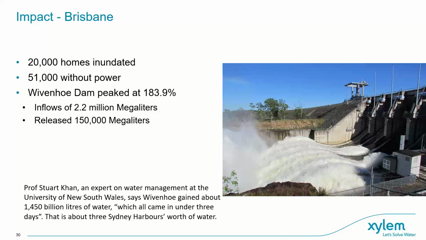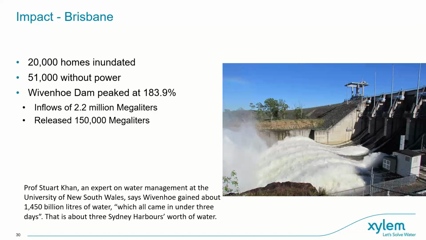And luckily, it started at about 50 to 60% because that left room to hold back water. There were inflows of 2.2 million megaliters and only 150,000 megaliters released. And it's been said that the flooding in Brisbane would have been much, much worse if this dam wasn't in place and able to hold back so much water.